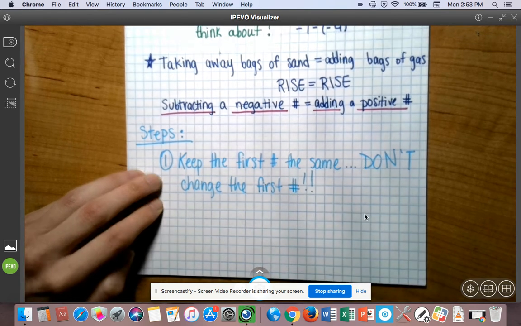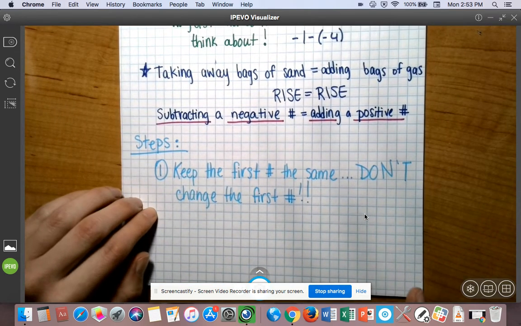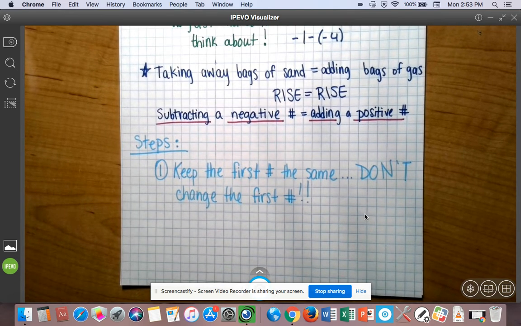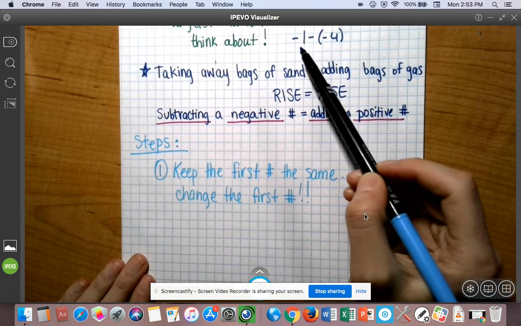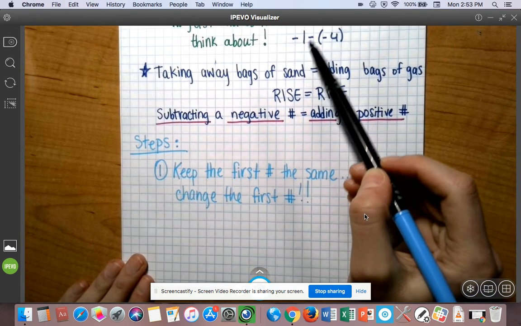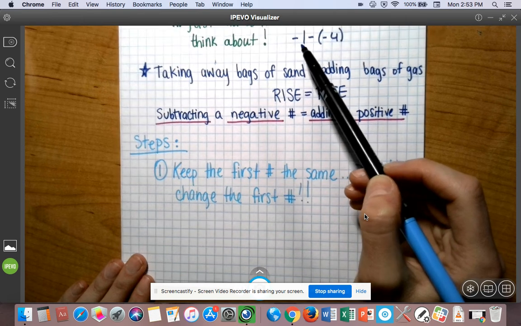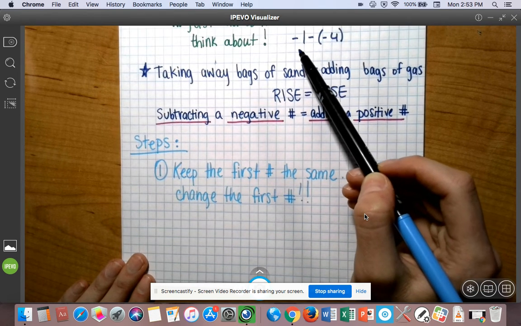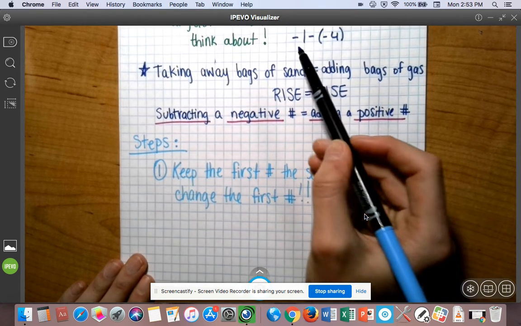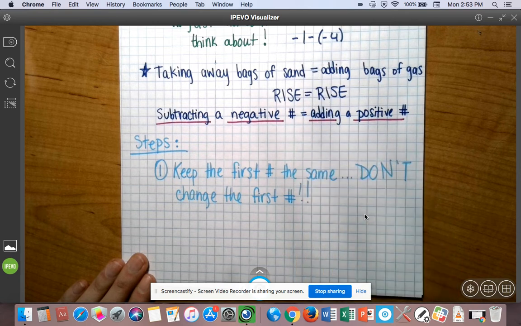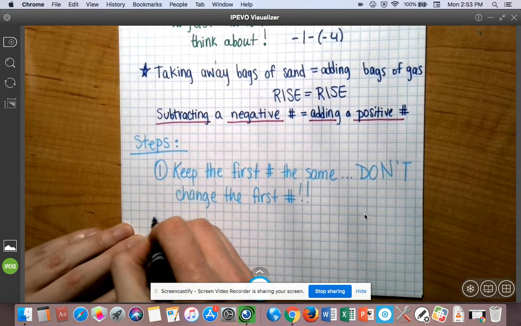This is one of the biggest misunderstandings, the biggest mistakes that we will see, where people are going to add the opposite, but also mess up the first number. In this example up here, -1, that's our starting point. If we're using a number line, we're drawing our first arrow to the left to -1. That absolutely will not change. When you add the opposite, your first number stays exactly the same.